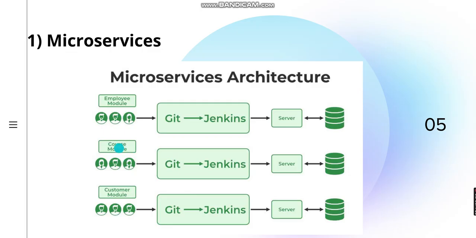If I want to make some changes in my course module or course file, and there is any kind of error, and we deploy the code changes along with the error, then the whole code base, the whole application, will get hampered, only because there was some change in course.